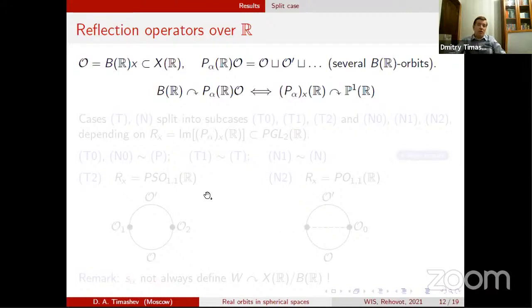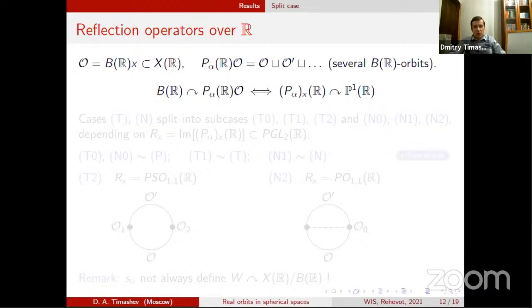And the set of these orbits is in a bijection to the set of orbits for the real locus of the stabilizer in P alpha on the real projective line. So we have to take real points of all objects which we consider.